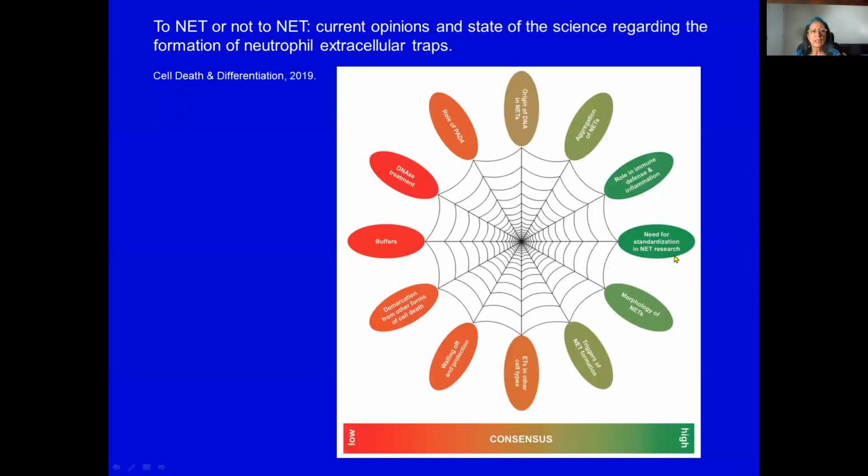But everything that I talked about NETs until now, of course, is a relatively new finding.